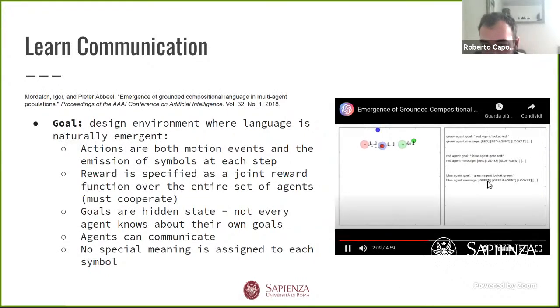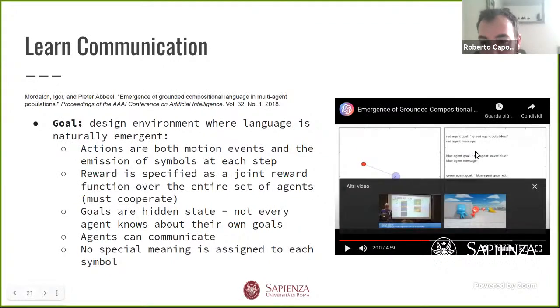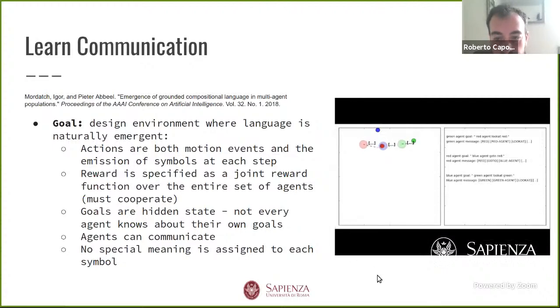So the red agent goal, let me pause here. Let me go just one step back. The green agent goal is that the red agent should look at red. And the message exchanged by the green agent is the receiver, red agent, and then the message, should look at red. So it's a very interesting pattern that arises.